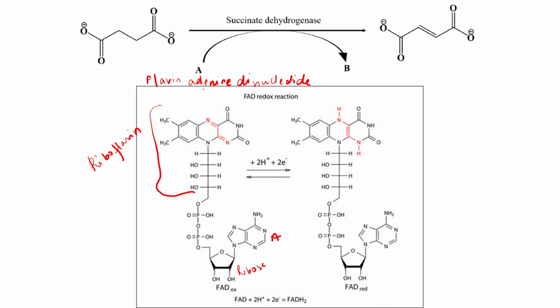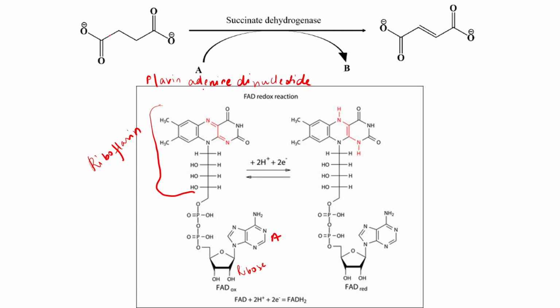And here the two nitrogens in the riboflavin ring system have an extra lone pair. So when this oxidation reaction is happening, what is happening? Dehydrogenation is happening, right?